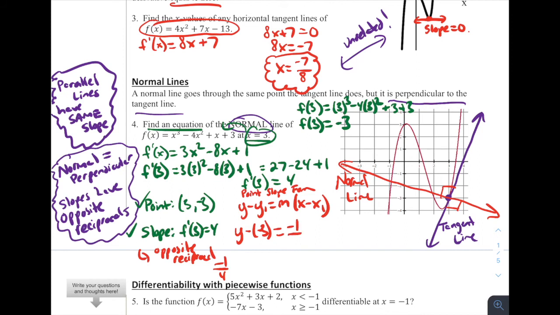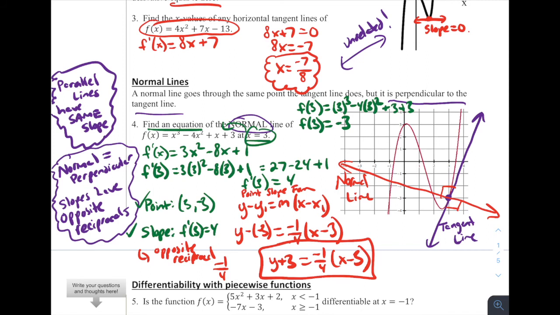So the slope here is going to be -1/4 for our normal line, times x minus x1, which is 3. So total, I got y plus 3 is equal to -1/4 times x minus 3 would be my equation of the normal line for number 4.